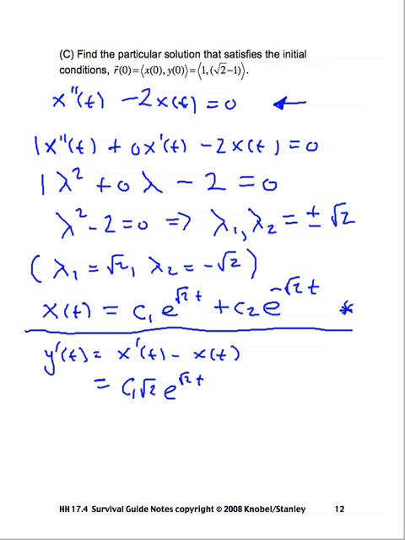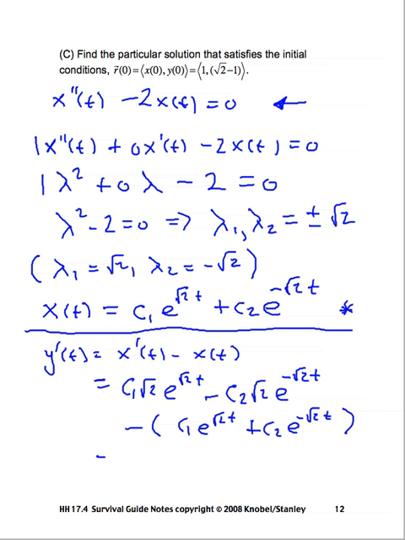I'm taking x prime, and so then that's going to be minus c2 square root of 2 e to the minus square root of 2 times t. That's x prime minus x of t, and that's c1 e to the square root of 2 times t plus c2 e to the minus square root of 2 times t, x prime minus x.